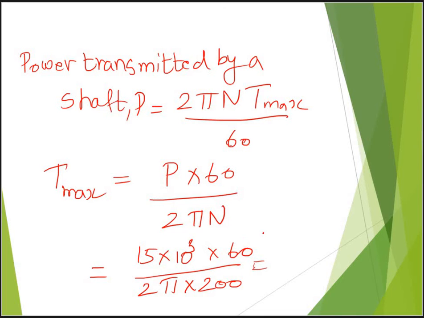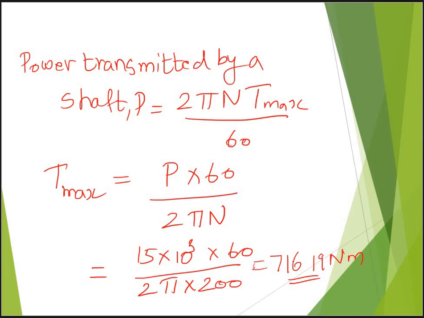So this is equal to 716.19 Newton meter. When we take power in watt and n in rpm, we get maximum torque in Newton meter.